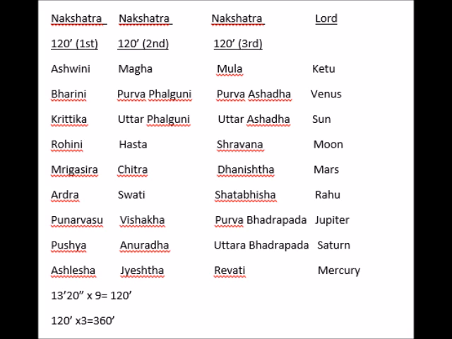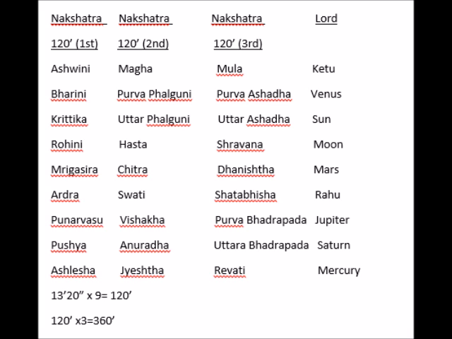So that's how it is structured, and it has been very scientifically created as per the ancient knowledge given to us by the ancient sages. And this way you can remember what zodiac signs these nakshatras are in.